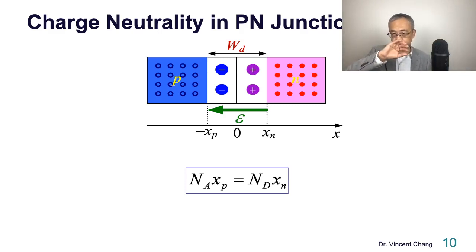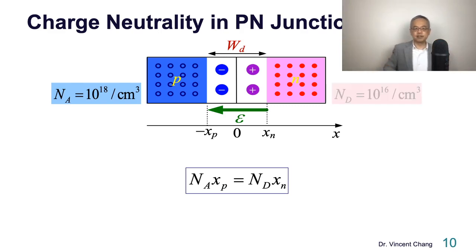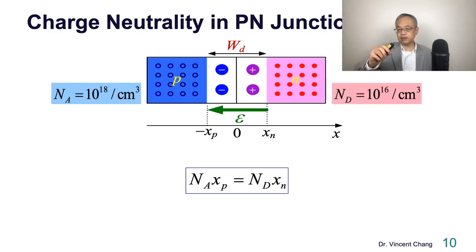are not symmetrical. The dopant concentration is not symmetrical. This is called one-sided, which means that on one side, it's going to be heavily doped compared to the other side. Let's assume the acceptor atom concentration on the left-hand side is 10 to the 18th power, and on the right-hand side it is 10 to the 16th power.